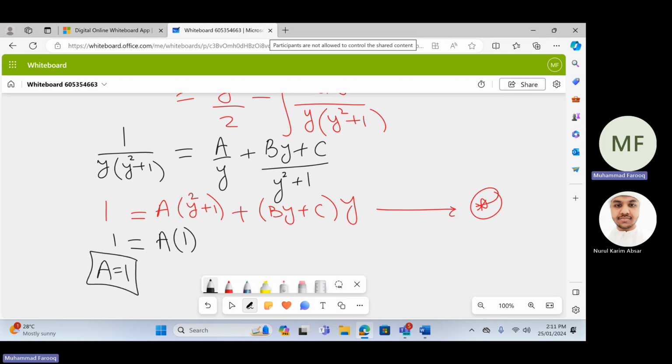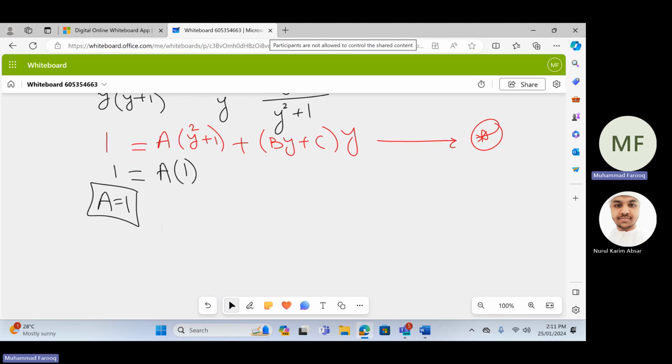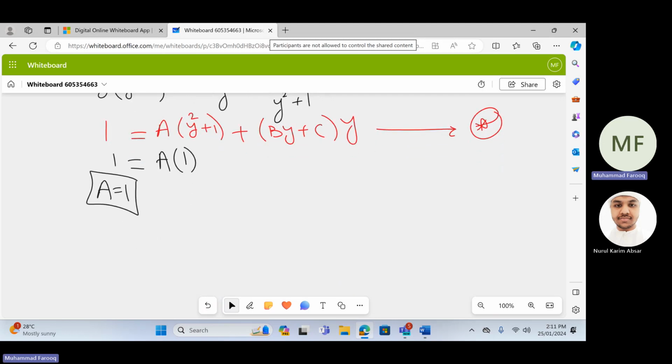Very good. From the second factor, what is the y value? No y. So we still need B and C. Open the star equation, please. When you expand star, 1 is equal to Ay squared plus A plus By squared plus Cy.